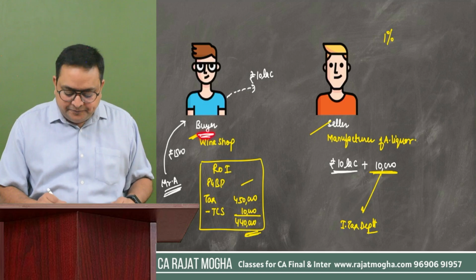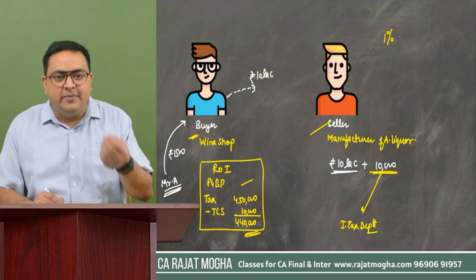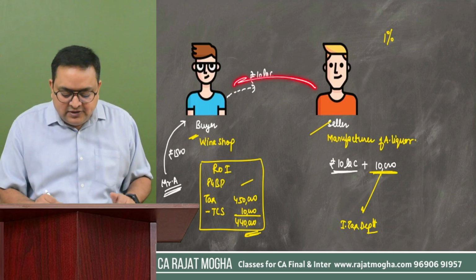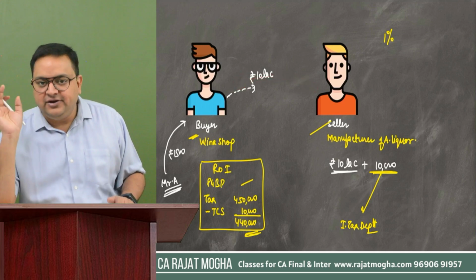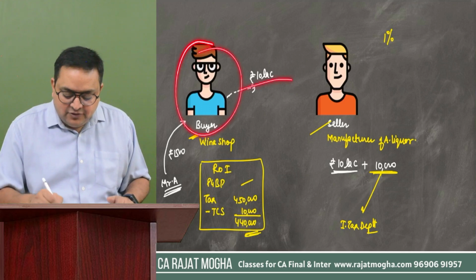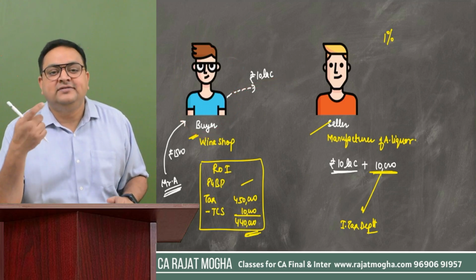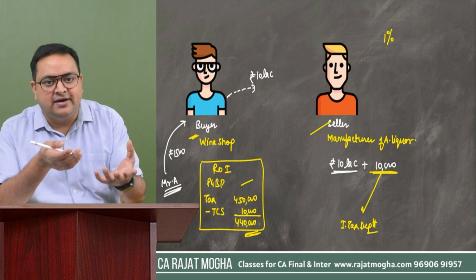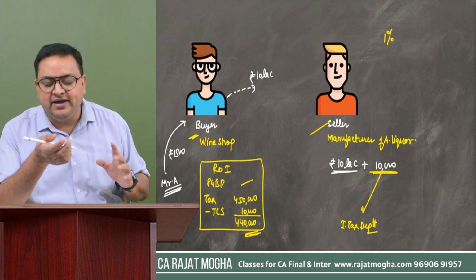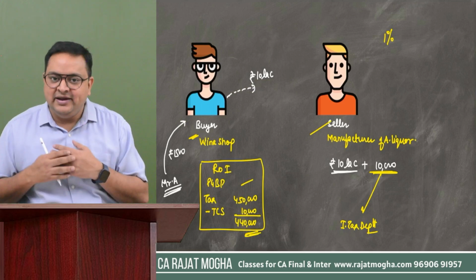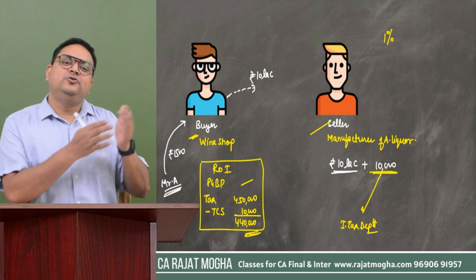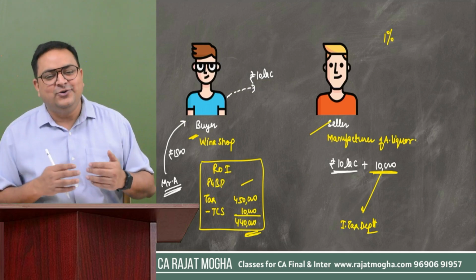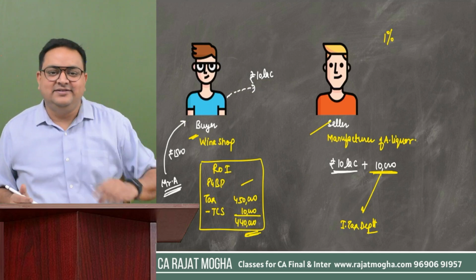So if the buyer is using the goods as a raw material, or for generation of power, let's say he's purchasing coal, on which there is a TCS rate of 1%, but he will use it in a factory for generation of power, in that case also TCS will not apply. TCS will only apply when you are a dealer, purchasing alcoholic liquor and selling alcoholic liquor, or purchasing coal and selling coal. In that case, TCS provisions will apply.